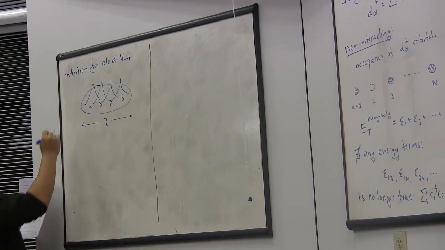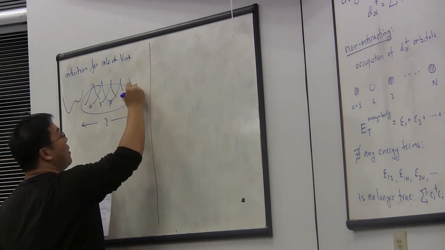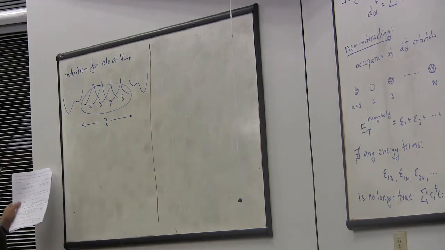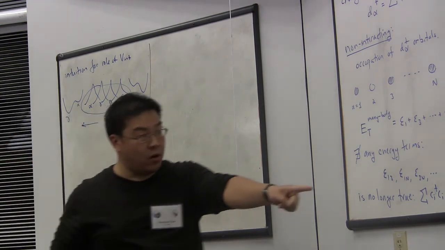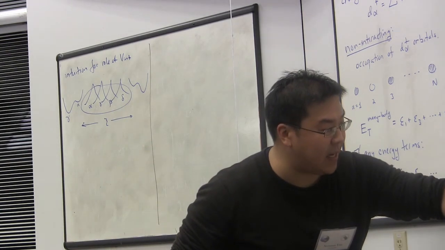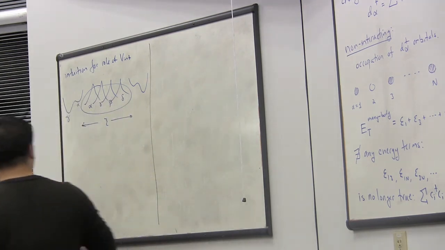And the key intuition is that one can basically imagine having a situation where one borrows energy. So here we're annihilating something in gamma and moving to alpha, annihilating delta, moving to beta, for example.